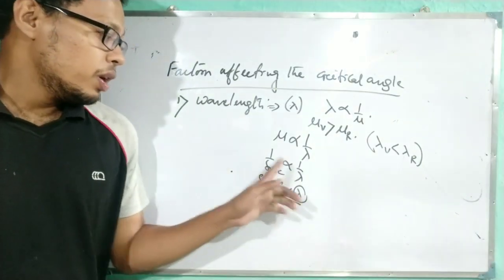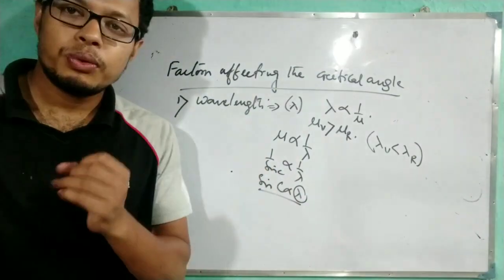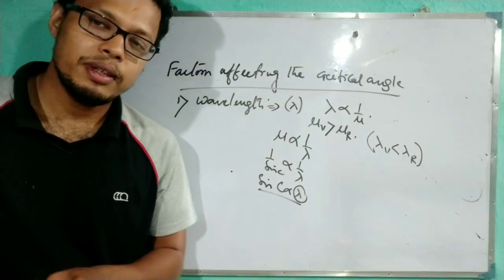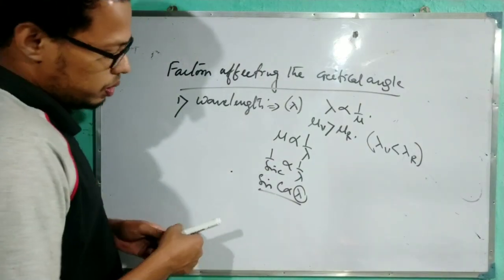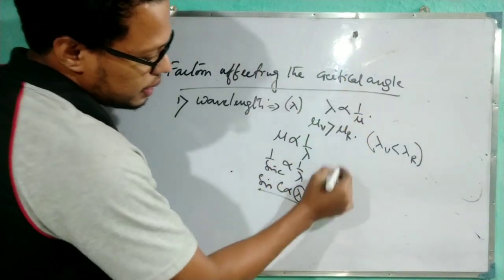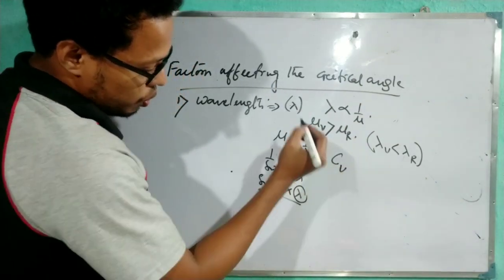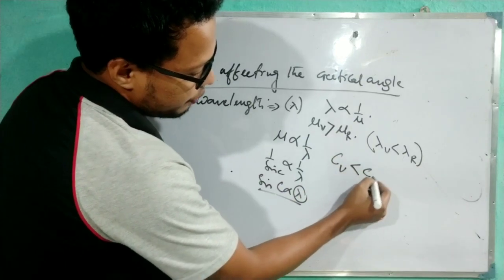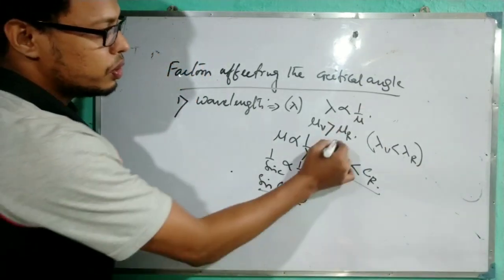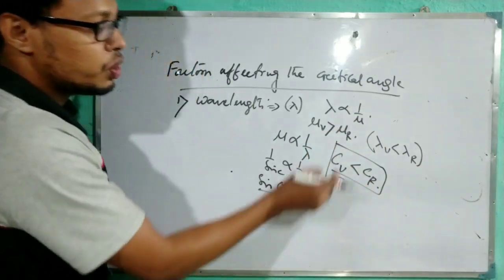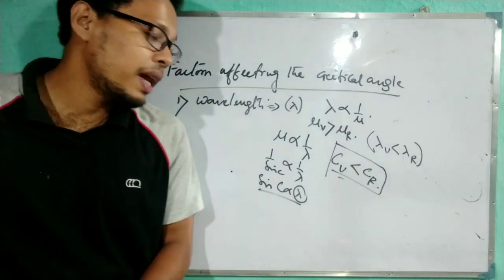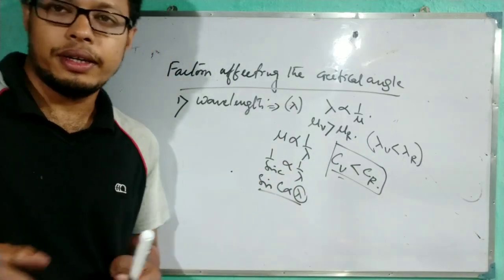The critical angle increases with increase in wavelength. So the critical angle for violet will be less than the critical angle for red, because for violet the lambda is less than for red.